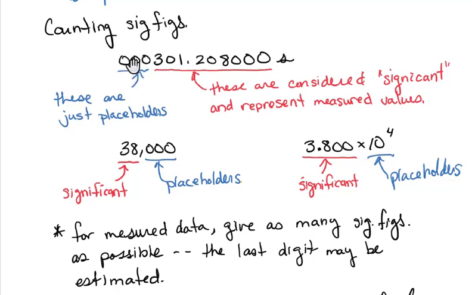So they're not significant. Zeros between numbers are going to be considered significant. They're going to be implied to be measured or implied to be reasonable and known. And if there's zeros that are included after the decimal and after all of your digits, they're also going to be implied to be significant, implied to be measured and well known.